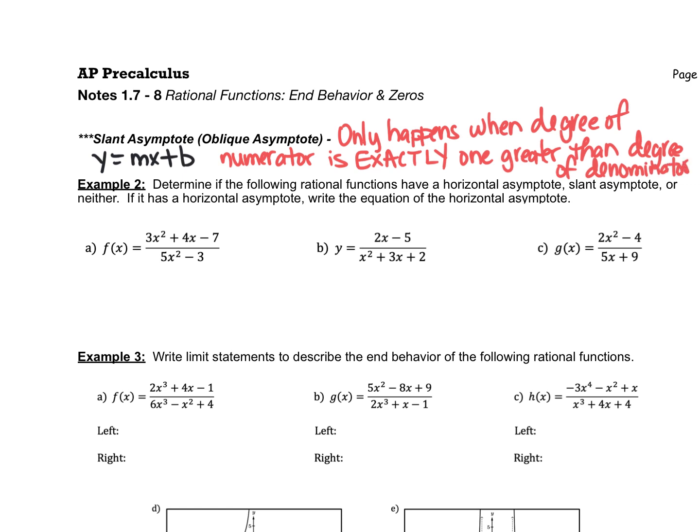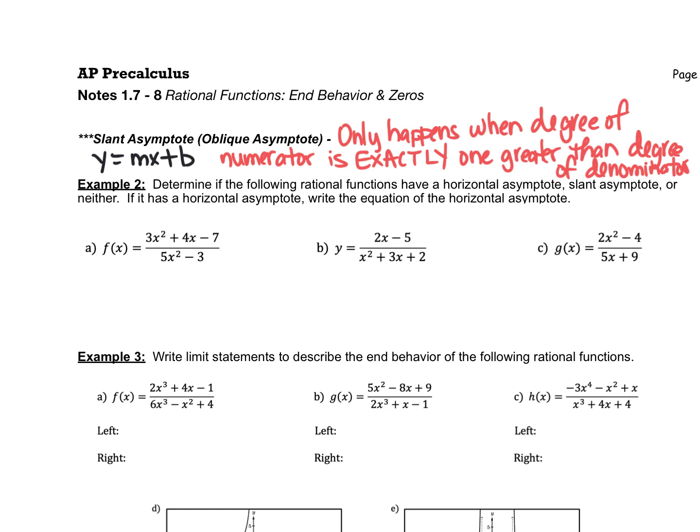Okay, so a slant asymptote only occurs when the degree of the numerator is exactly 1 greater than the degree of the denominator. And it'll have that form, y equals mx plus b. It'll have a slope and possibly an intercept. It could intercept at 0, all right? But it'll have that linear function.